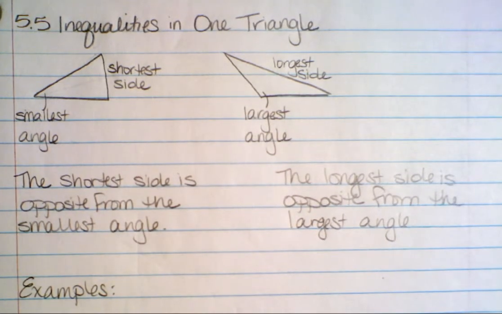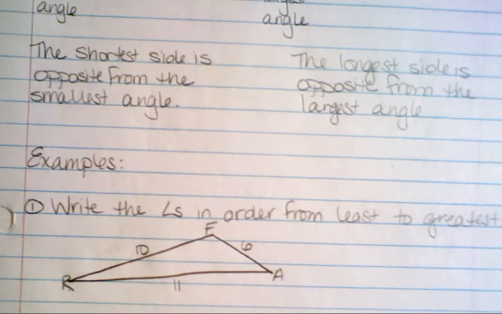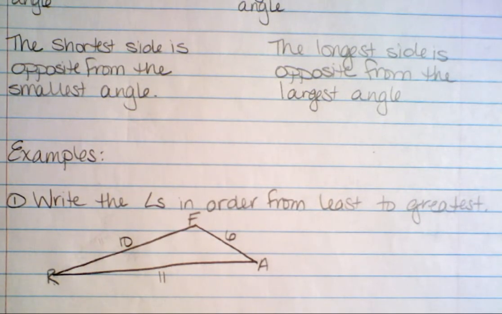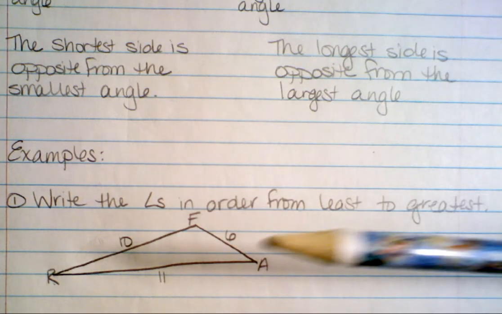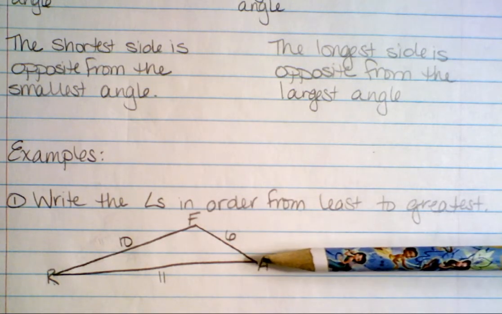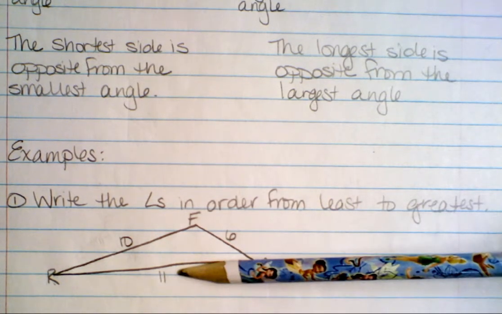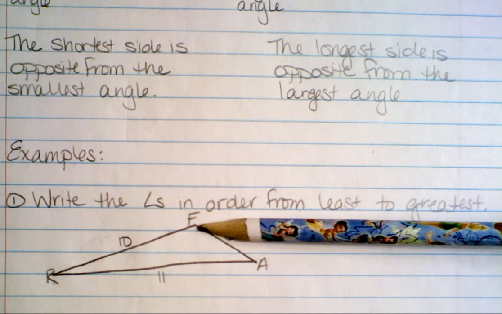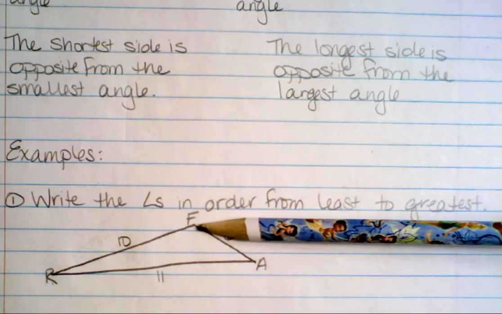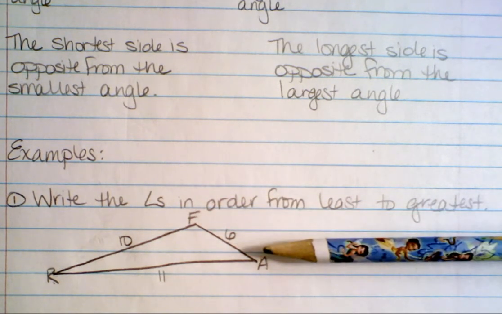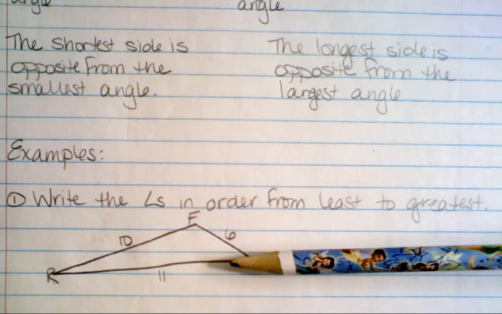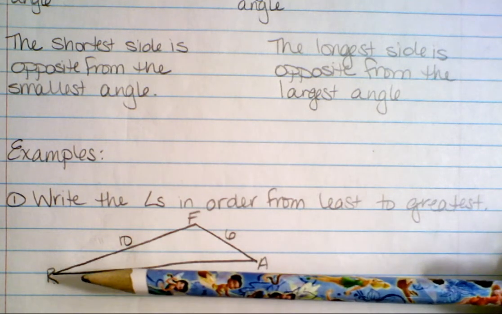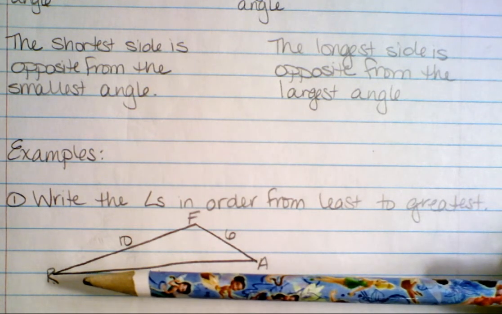So if we look at this first example, what I'm asking you to do is to write the angles in order from least to greatest. Well, I have the side lengths. I know that AR is 11, which means the angle F, because it's opposite of that, is the largest angle. Here, FA has a length of 6, so that means angle R, which is opposite of that side length, has to be the smallest angle.